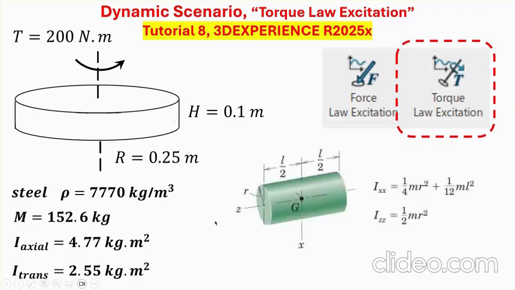Because we're going to compare these things with analytical hand calculations, I have consulted a reference, and it gives you the mass moment of inertia about the axial direction. The Z-axis is this, and in the transverse directions, which are x and y, it's going to be about half of that.